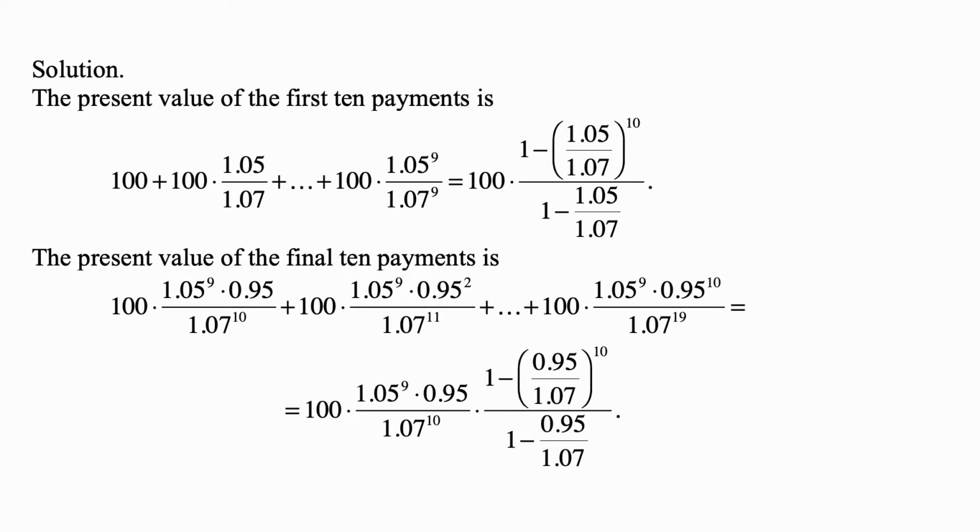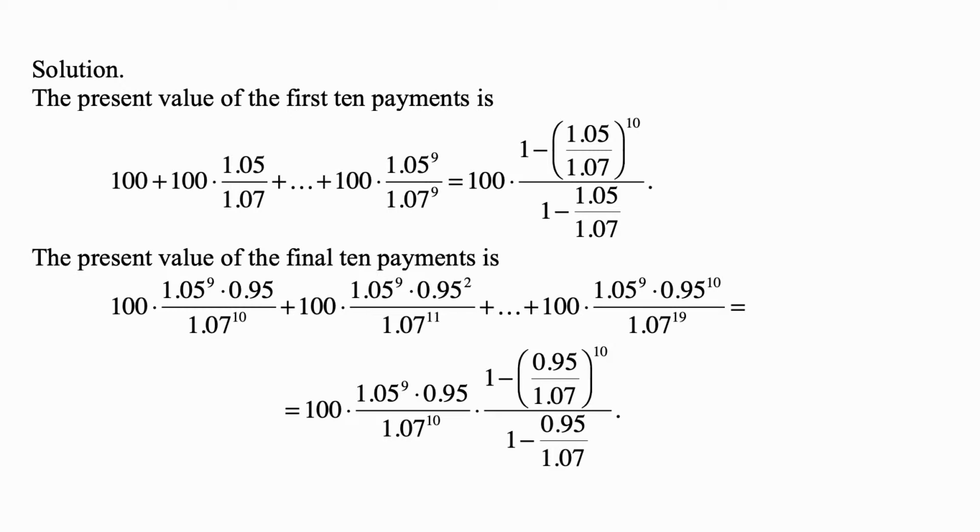And this is a partial sum of a geometric series. The ratio is 1.05 over 1.07, and there's a common factor of 100, so if we factor it out, we have 1 minus the ratio to the 10th power, over 1 minus the ratio. It is a potential infinite geometric series, but a partial sum of it is what we're working with.